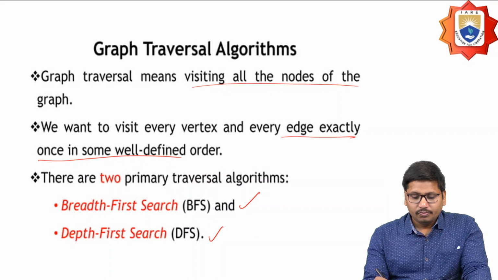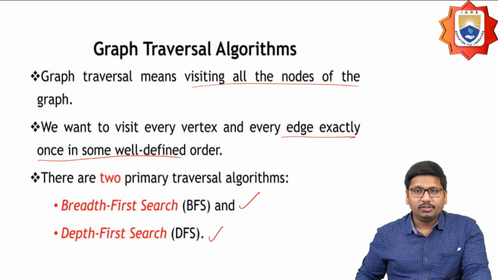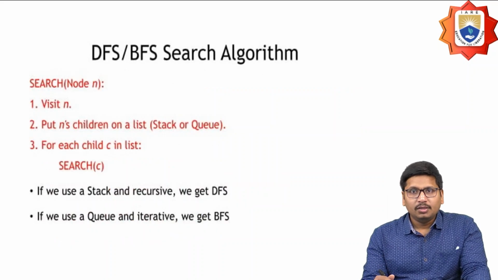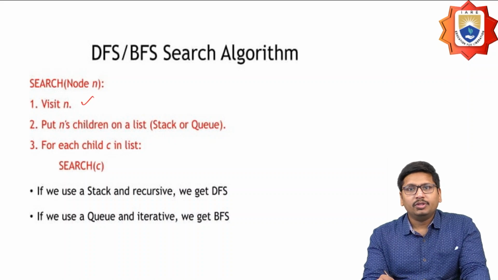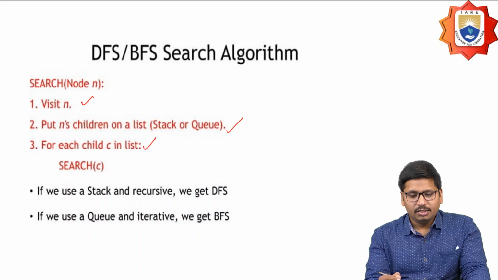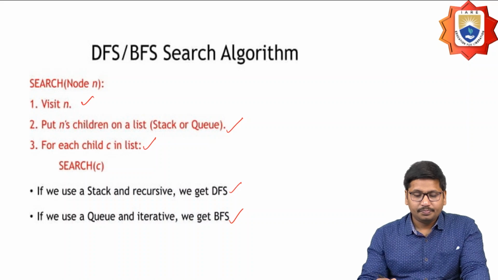So for that, we have two types of algorithms, BFS and DFS. DFS is nothing but visiting the node and then putting the children in a stack or queue, and processing each node in the list. So if I use a stack recursively, then I can get DFS. If I use a queue, then it is BFS.